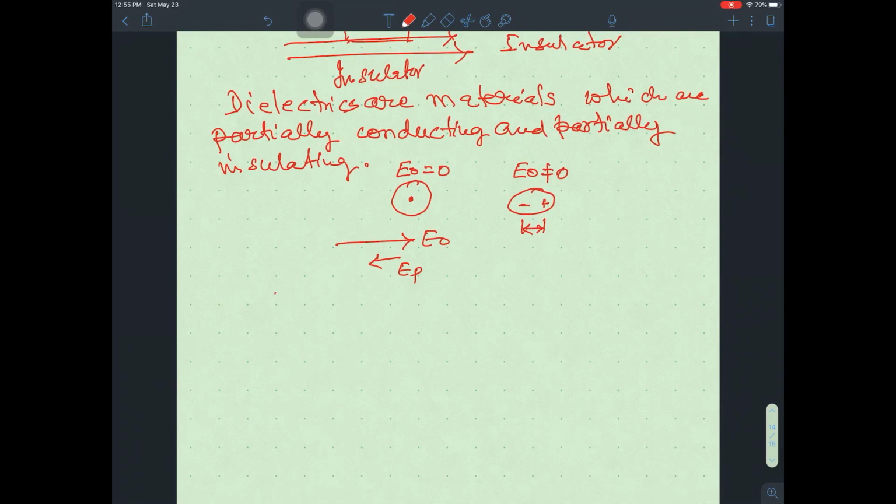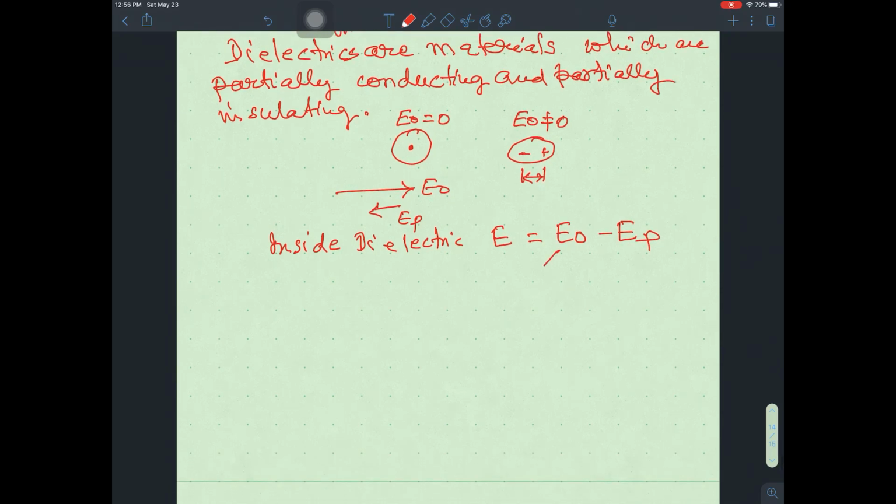So inside the dielectric, what is the value of electric field? This is the applied electric field minus the electric field due to polarization.